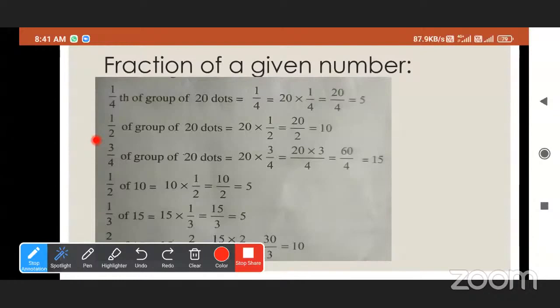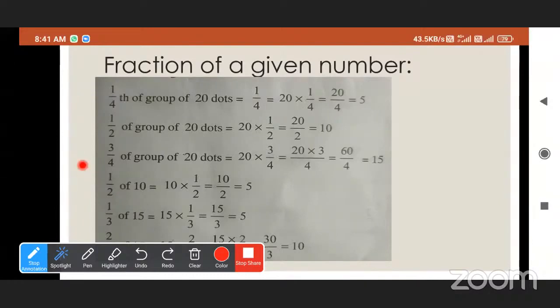Now 3 upon 4 of a group of 20 dots. To find 3 upon 4 of a group of 20 dots, we multiply 20 by 3 upon 4. So we will get 60 upon 4, that is 15.